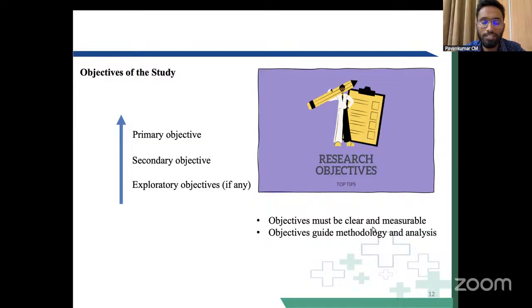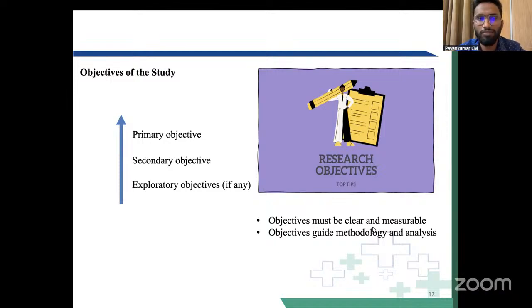This provides supportive or complementary information but is not the main focus, and the main focus will be the primary objective only. Exploratory objectives are optional and are usually included to generate hypotheses for future research rather than draw definitive conclusions.